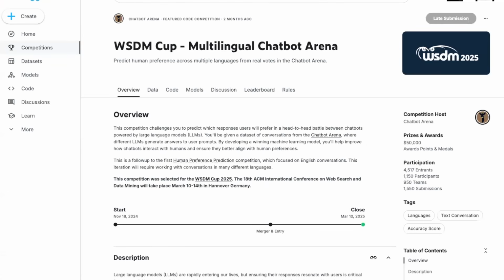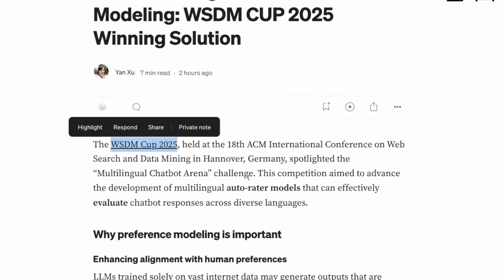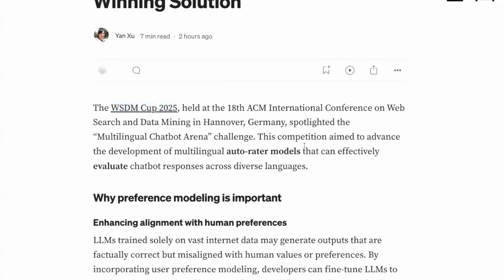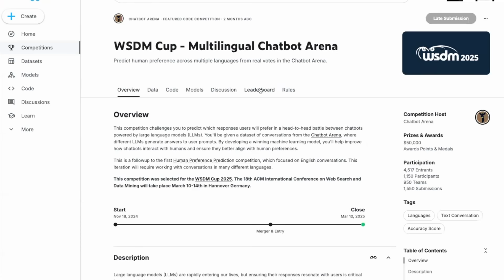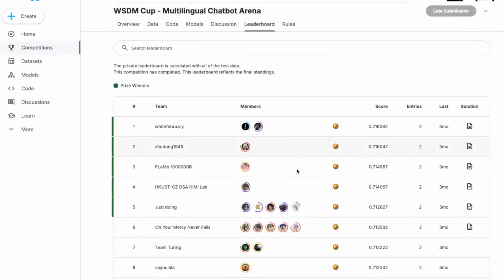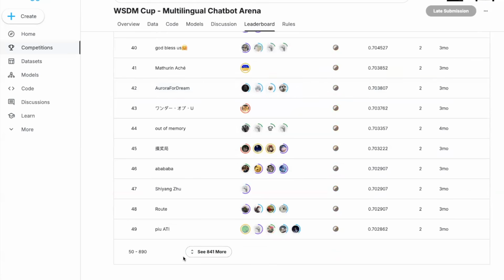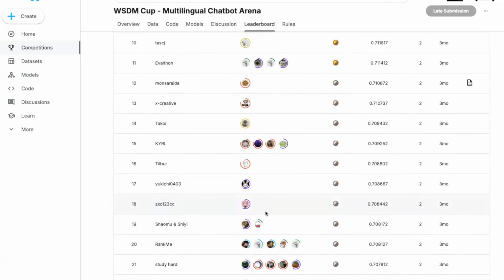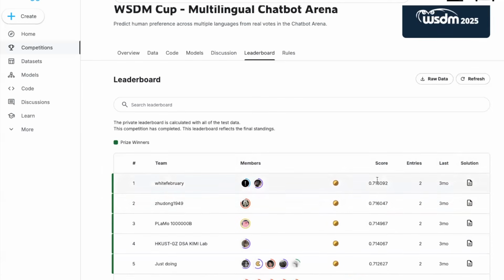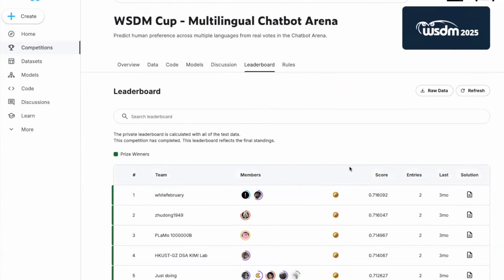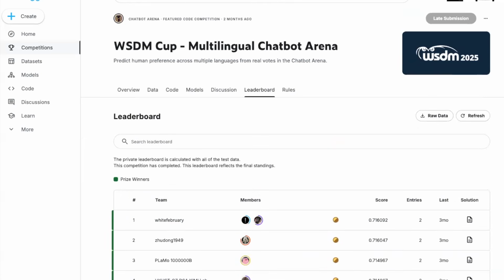So the competition is done, the conference held, and I think it's very interesting to see the final leaderboard: over 800 teams joined the competition, and the top performance we can get is around 71% accuracy of how we can model the user preference.